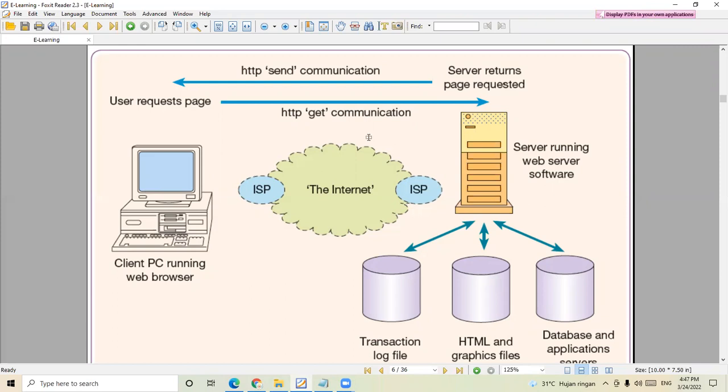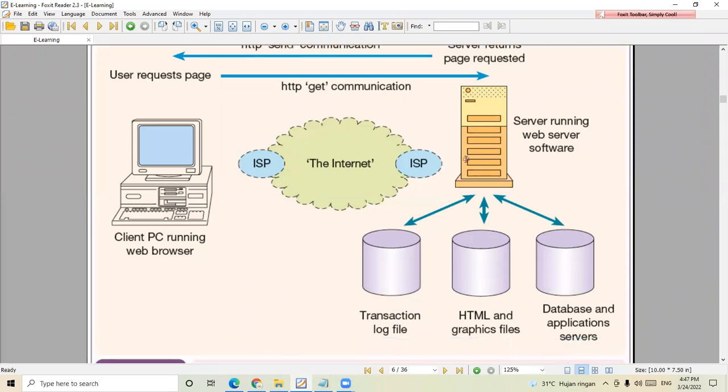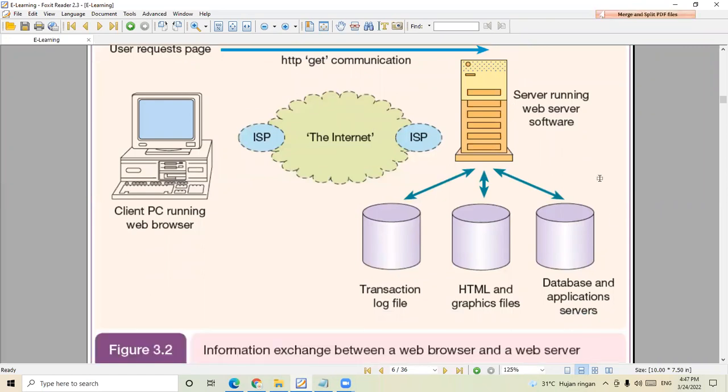They use the client server architecture, right, in which the client has a communication to the server, and we simply use the internet, right, through the ISP, internet service providers. And in the web server there are several databases.